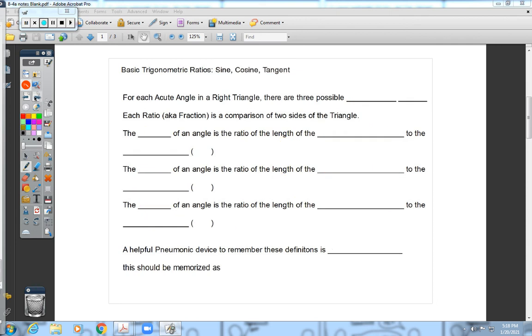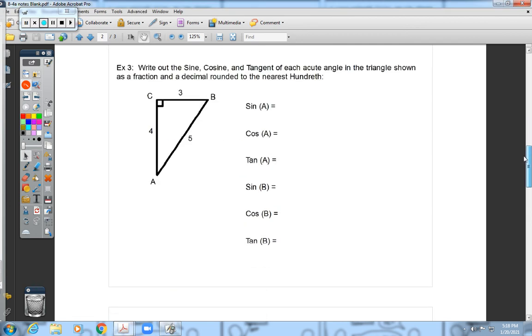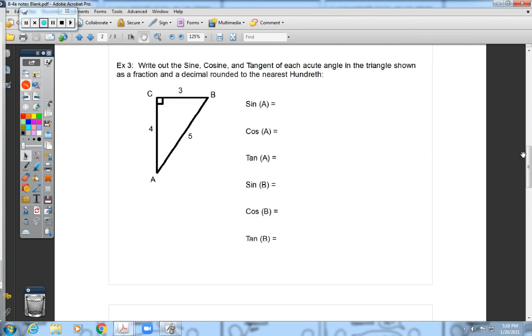Okay, we're going to do one more example and then we'll end this first video here. We are going to do one example of writing out the sine, cosine, and tangent of each acute angle in a triangle. So here we have triangle ABC. Our directions read: write out the sine, cosine, and tangent of each acute angle in this triangle as both a fraction and a decimal rounded to the nearest hundredth. First of all, notice that notationally there are two different sets of information here.